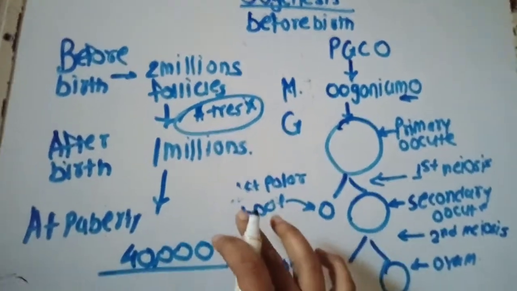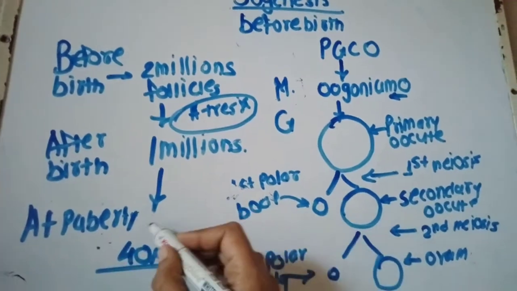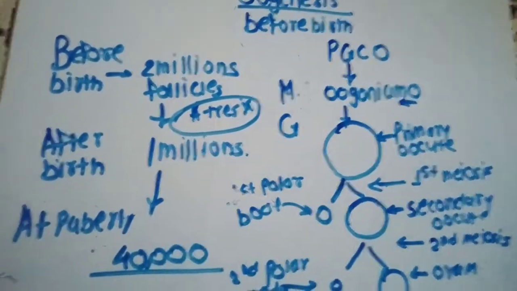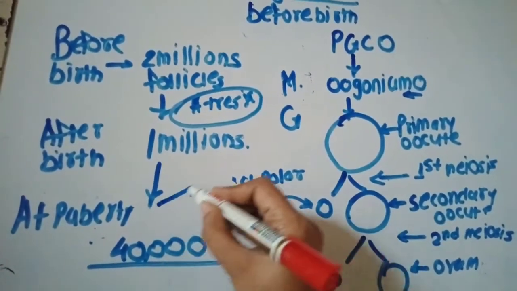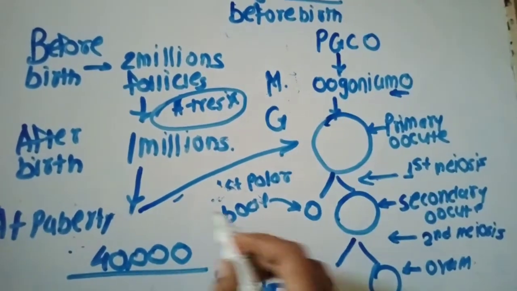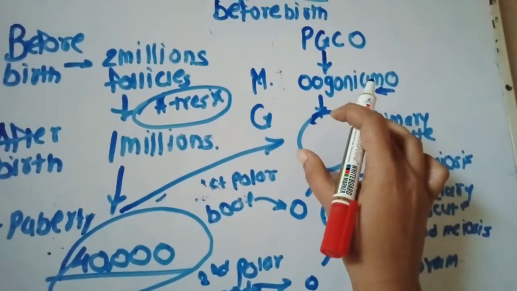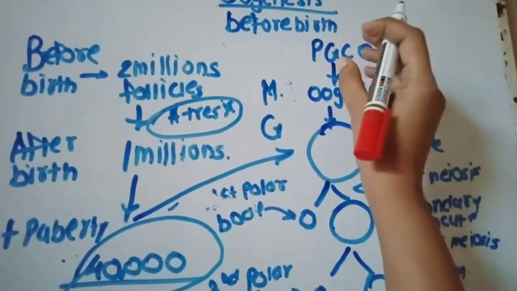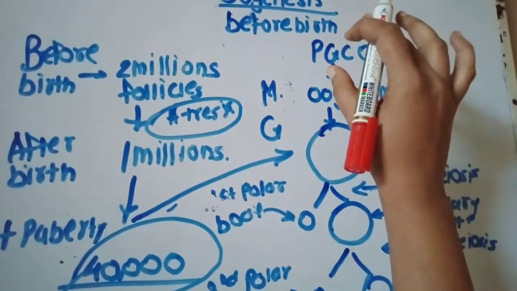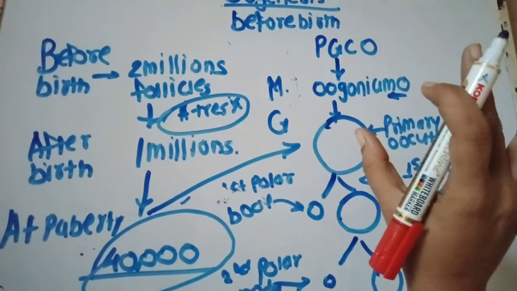The last one is at puberty, the primary oocyte. All these 40,000 primordial follicles are follicles that contain a primary oocyte. That means before birth all these germinal epithelial cells give rise to oogonia. From oogonia the primary oocytes are formed.